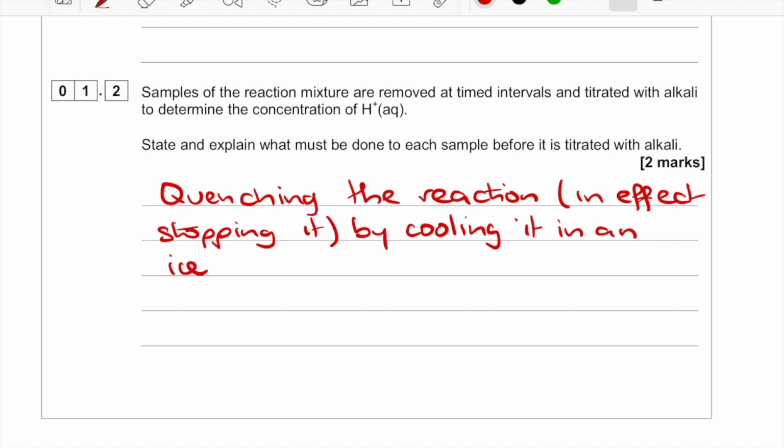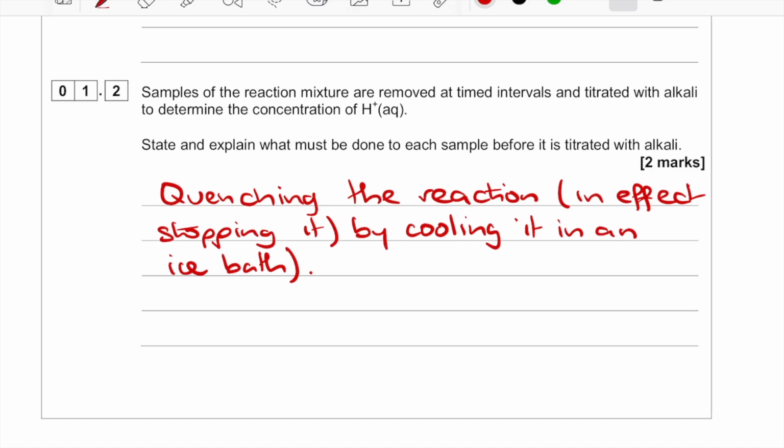Temperature has a significant effect on the rate of reaction. So putting it in an ice bath, although it doesn't actually stop the reaction, will slow it down to the extent where you can take a reasonably accurate measurement of the H+ ions at that point in time.